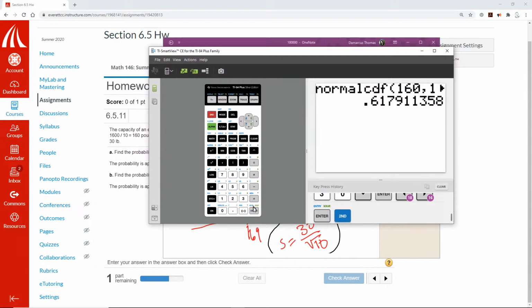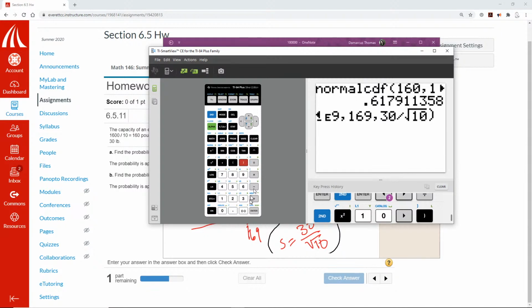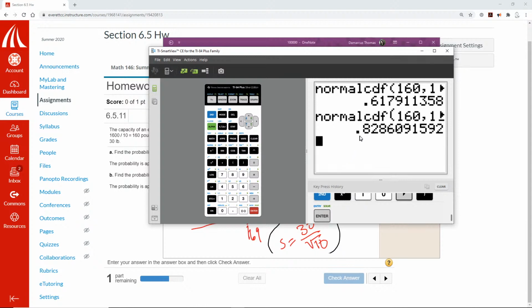I'm going to do a second entry. Keep everything the same, but I'm going to modify my deviation. It's going to be divided by the square root of 10. Close bracket. Everything else is the same. 0.8286.